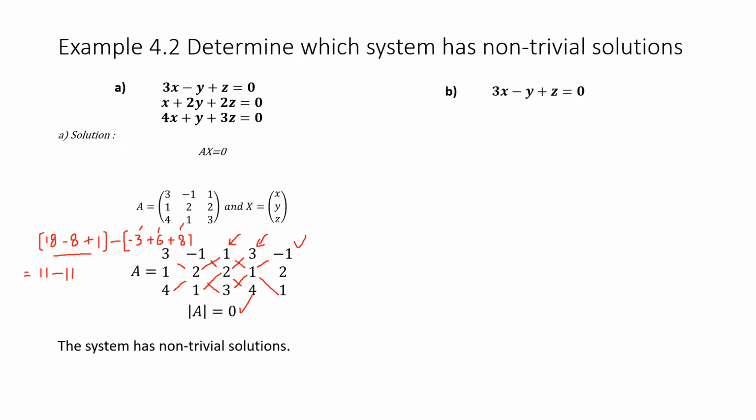Okay, now let's take another example, and I think it's for a trivial solution. The determinant will be non-zero. We are going to solve it, and I hope there will be no question about it.